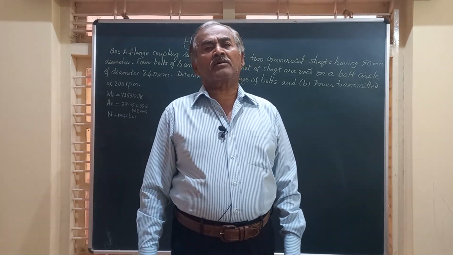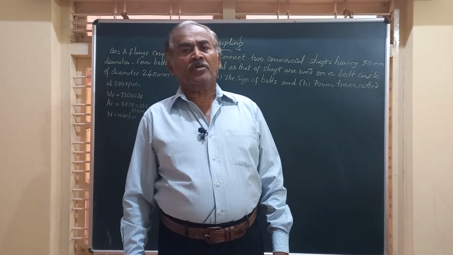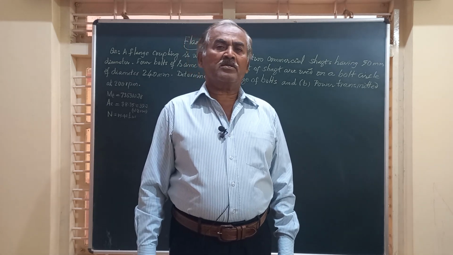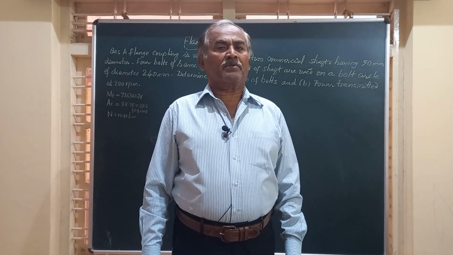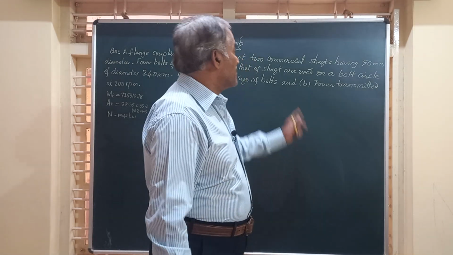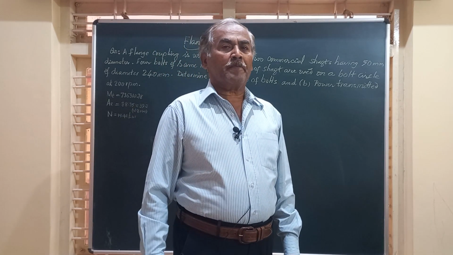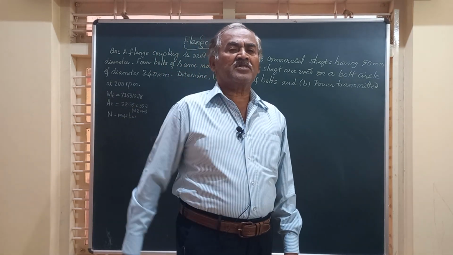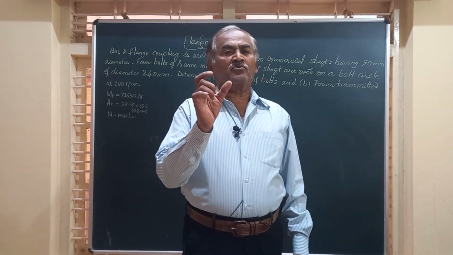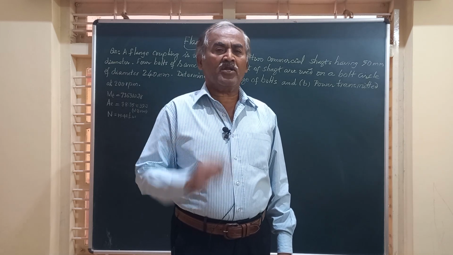In today's video, we have a numerical problem on a flange coupling which is used to connect two commercial shafts of diameter 50 millimeter. Basically, in all these couplings, you have a formula to find out the power, that is the torque, MT formula.